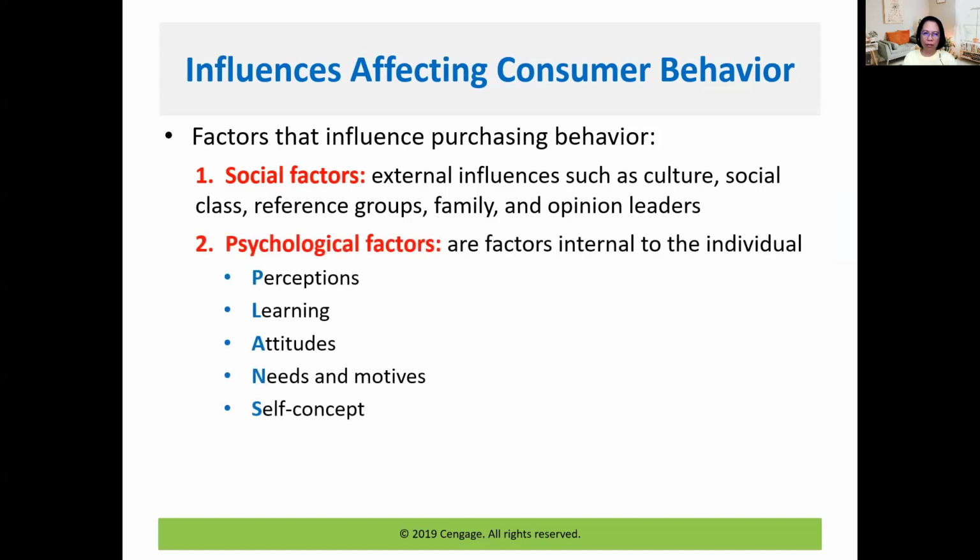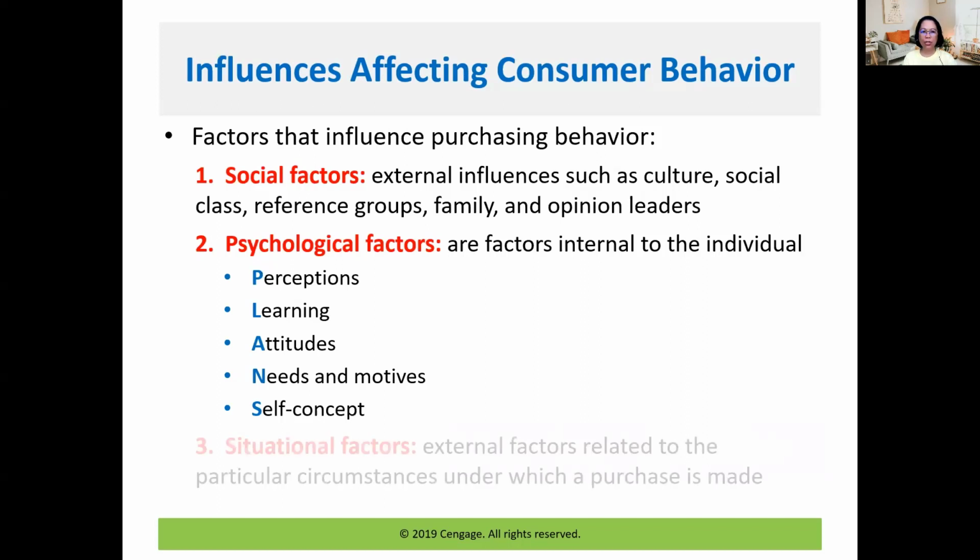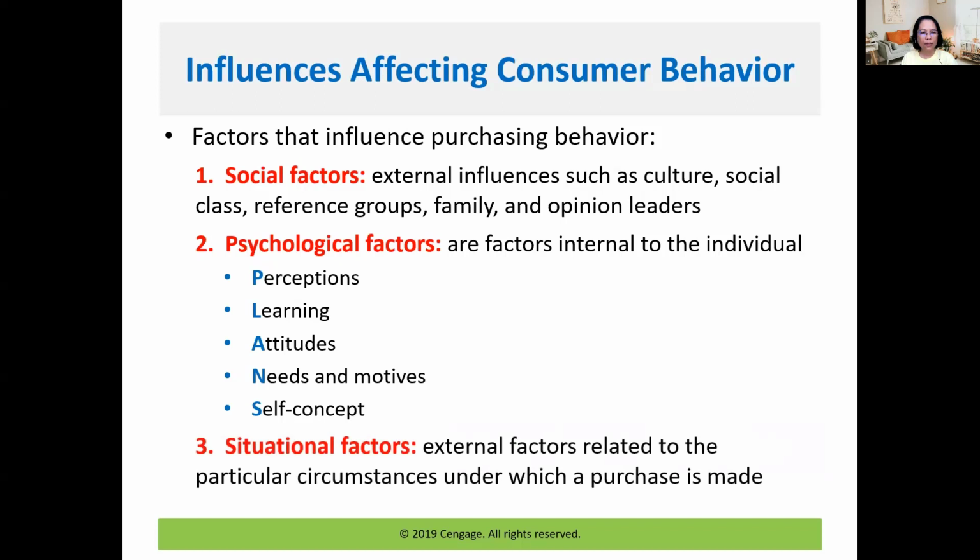These factors are internal to the individual, and this includes perceptions, learning, attitudes, needs and motives, and self-concept. The next are situational factors. These are external factors related to the particular circumstances under which a purchase is made.